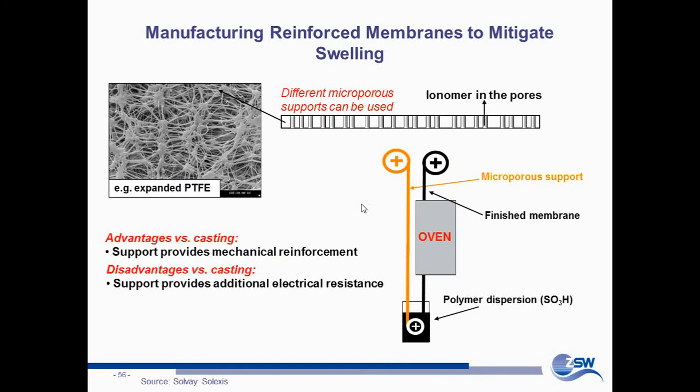That's right. Now, what do people do against that? Well, one concept is to impregnate these materials into fibers, into nanoporous or microporous membranes, like Gore does.